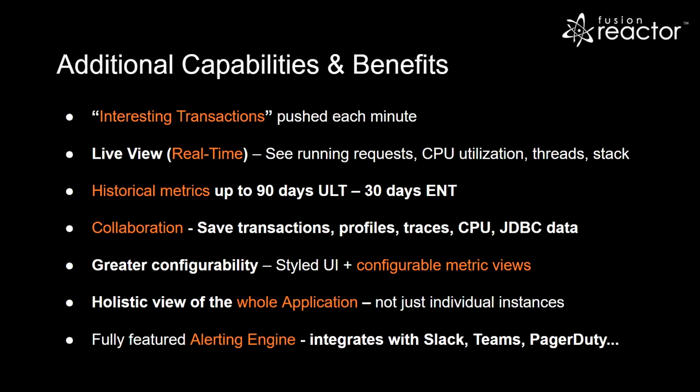These are transactions which have got errors, or potentially transactions which are slow or very slow. We're pushing those transactions up to the cloud each minute. The benefit there is we're hoping that will speed up issue resolution, because we're just giving you the information that you need.